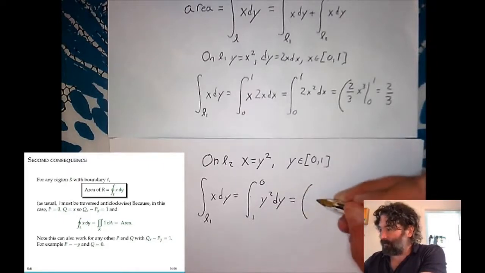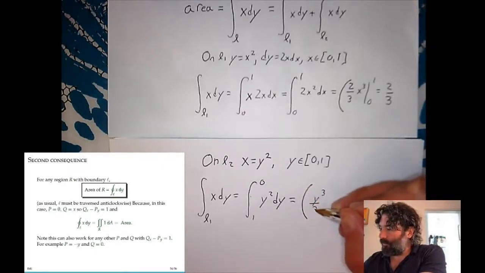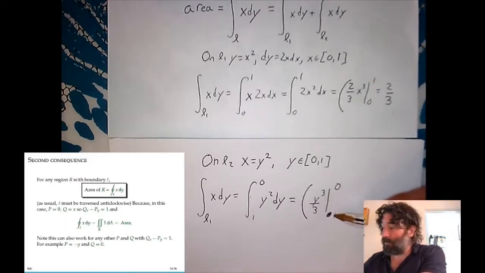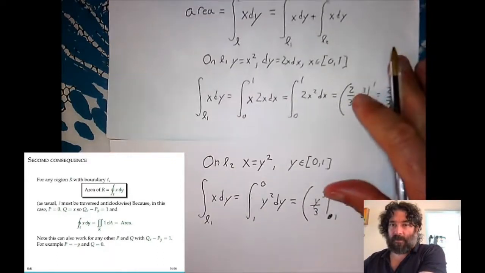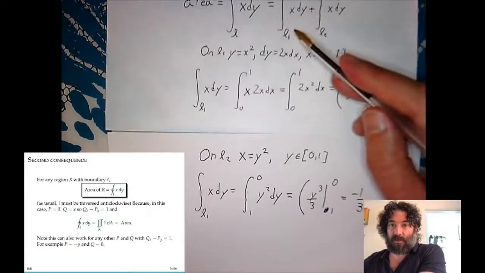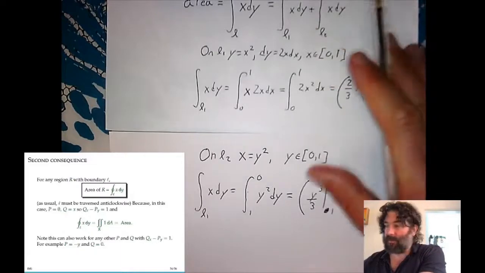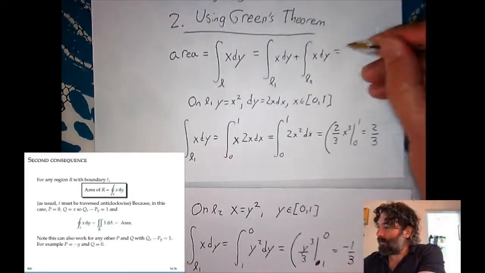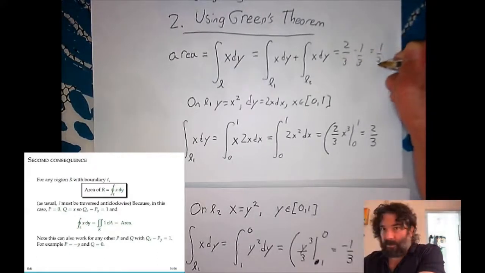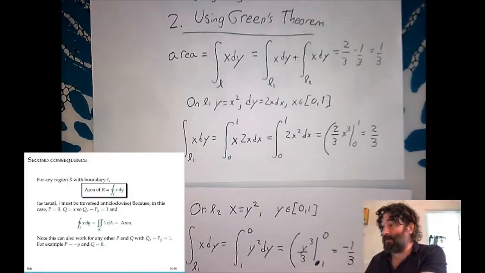So this becomes y cubed over 3, evaluated from 1 to 0. So we plug in 0, we get 0, and then we plug in 1, and we get negative 1/3. And so this line integral is 2/3, the L1 part, and then minus 1/3 is the L2 part. So the area is, again, 2/3 minus 1/3, or 1/3, which is the same we got from the other method.